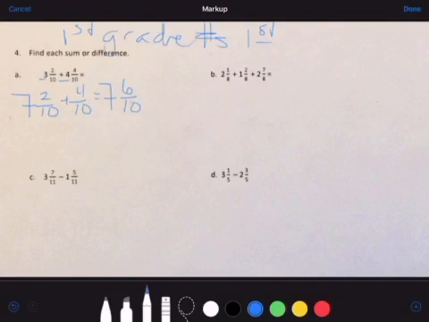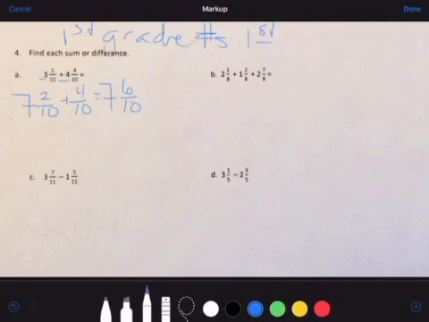Now we ask, my favorite question, is 6/10 bigger or smaller than 1? 6/10 is smaller than 1 because I would have to make it to 10/10 to get 1, and I only have 6 of them.